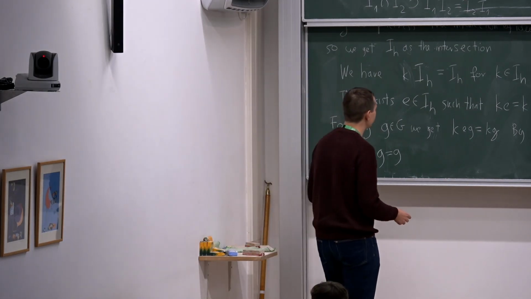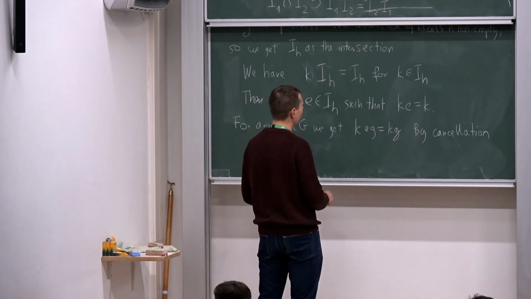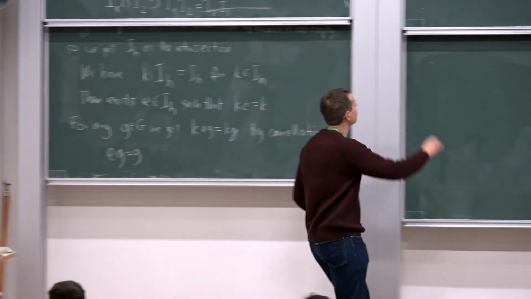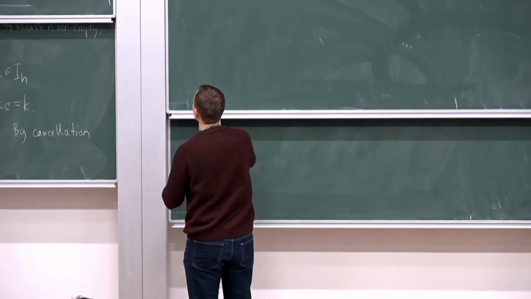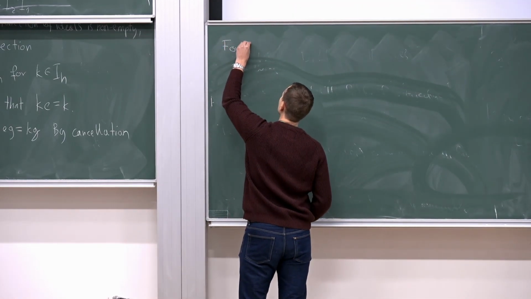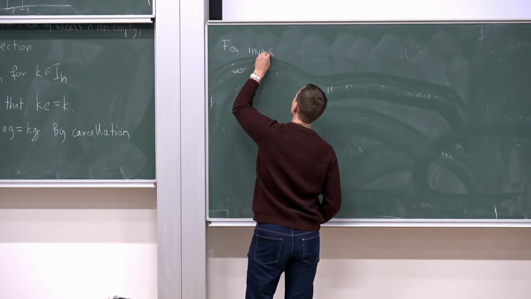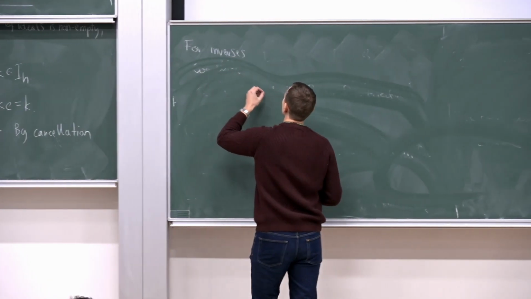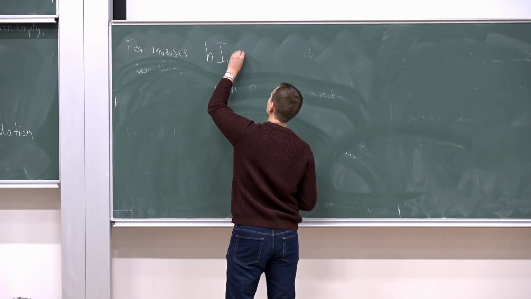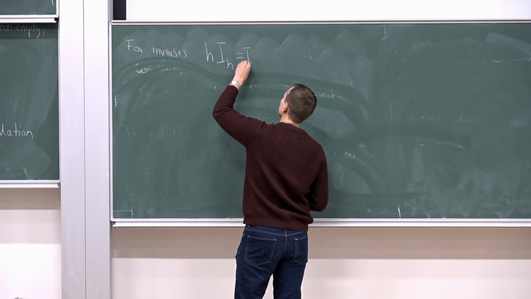And then to get inverses, you do a similar thing. So for inverses, we look at H times IH equal to IH.